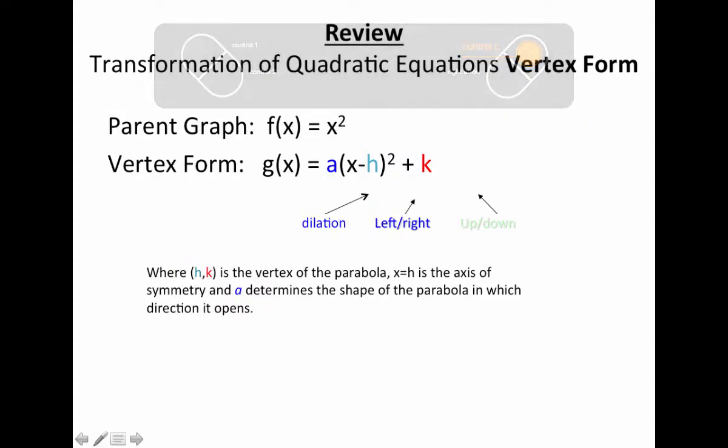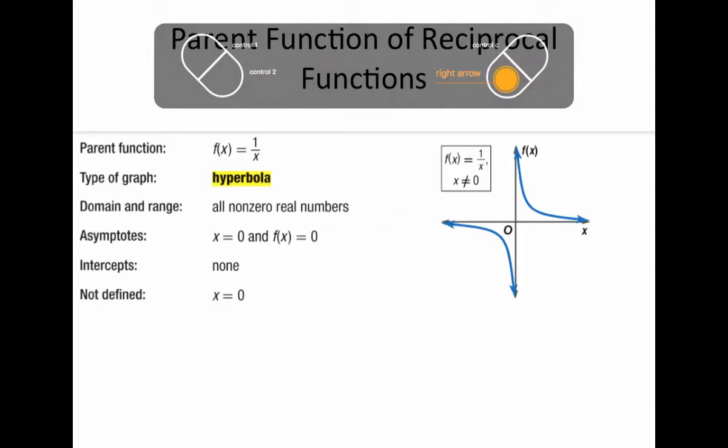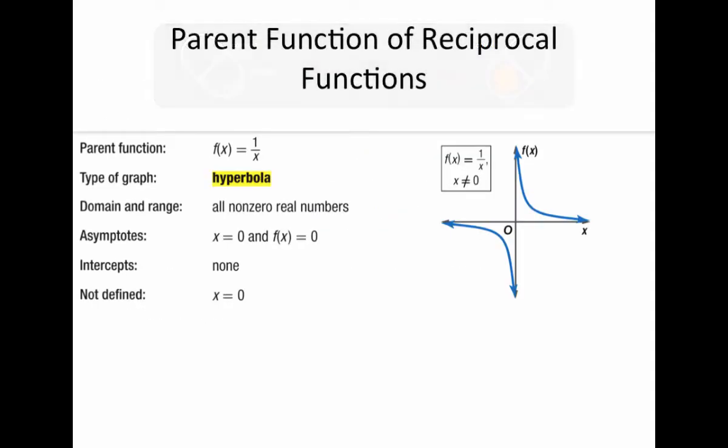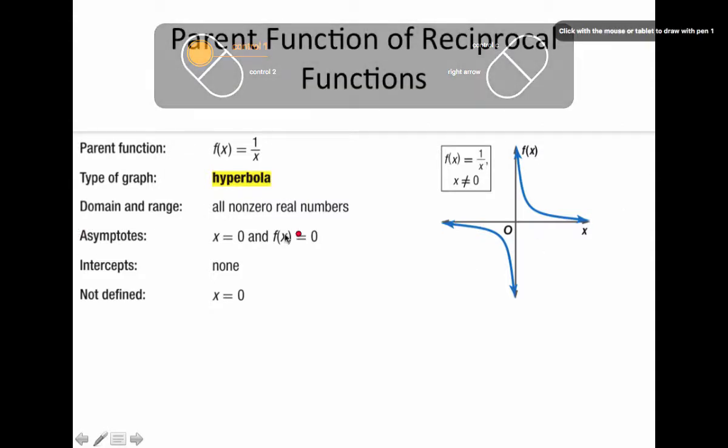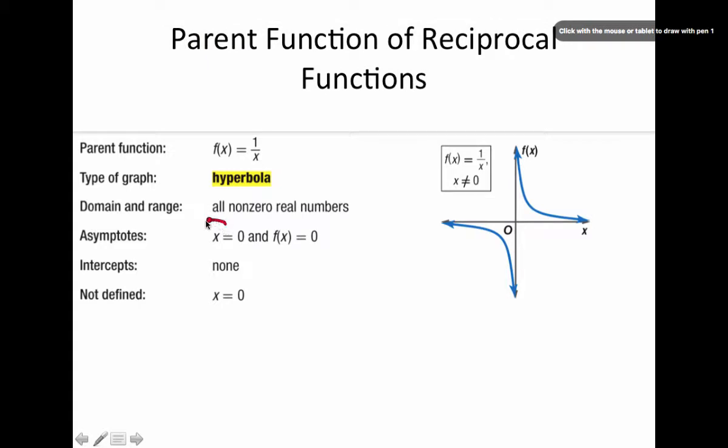So now we're going to apply these exact same things to the graph of 1 over x. And what you have to remember about the graph of 1 over x is it has two asymptotes. It has an asymptote of x equals 0 because x cannot be 0, since it's undefined there.